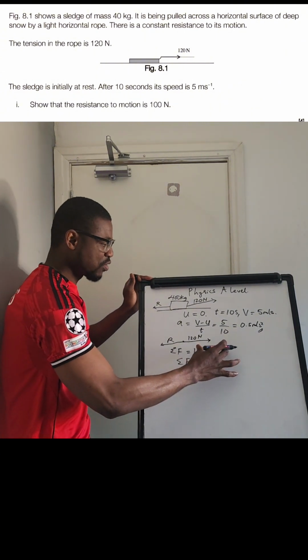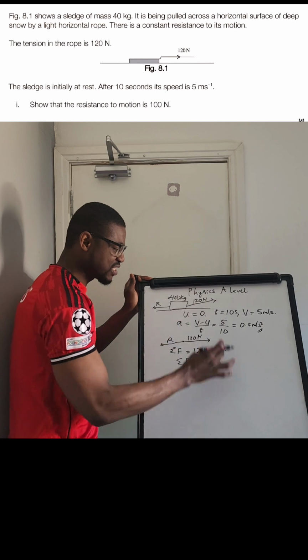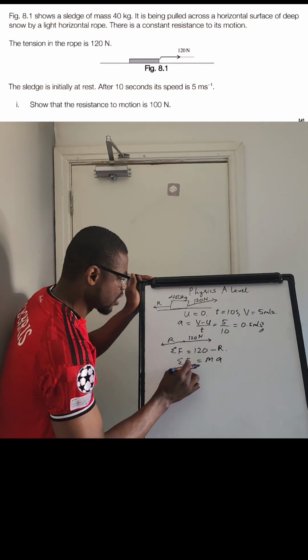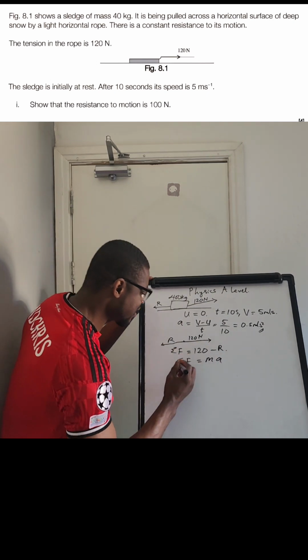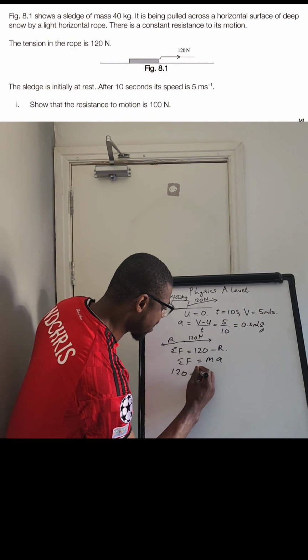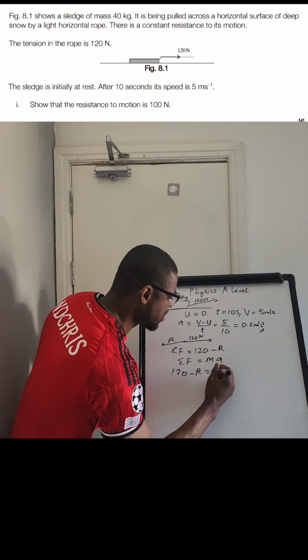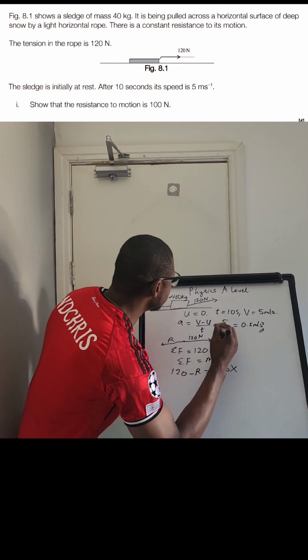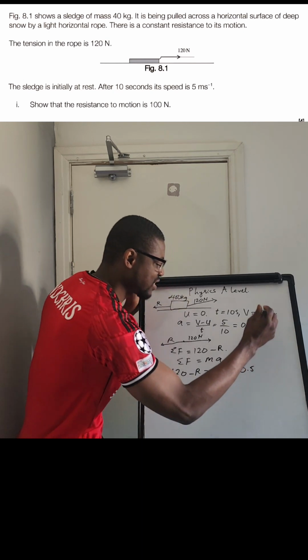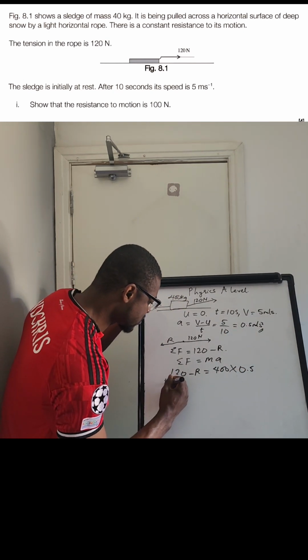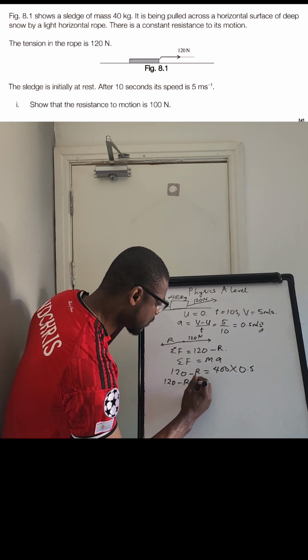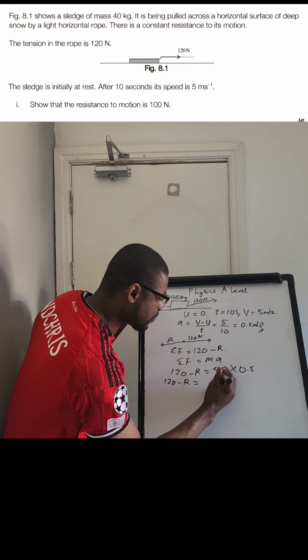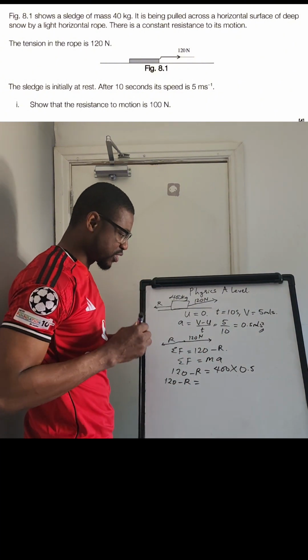So what we have to do now is to substitute these values into this given expression, where summation F is already 120 minus R, equals the mass, which is 400, multiplied by 0.5, which is the acceleration. So if you carry out this calculation, 400 times 0.5 will give us what?